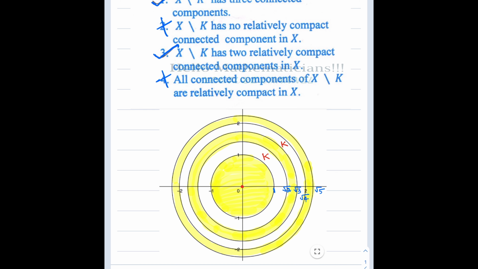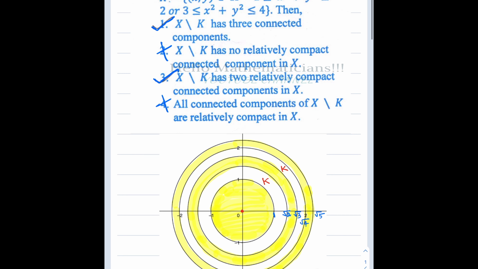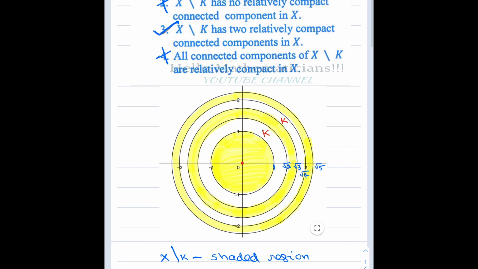Now the question is whether the connected components of X minus K are relatively compact in X. A subset is said to be relatively compact in X if you take the closure of that set in X, and that closure is compact.